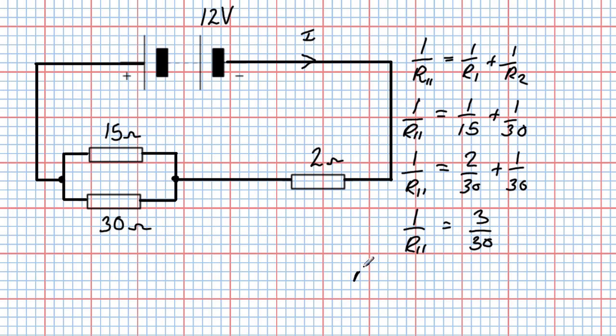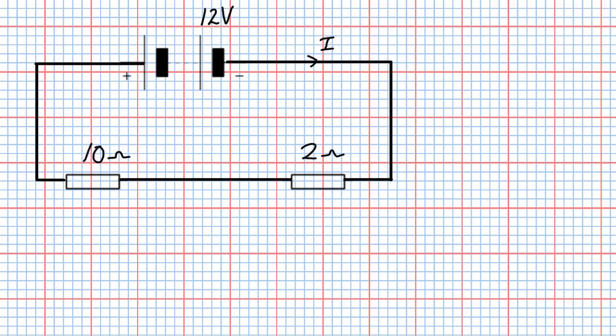And that gives us the parallel part of that circuit is equal to 30 divided by 3, so it must give us a value of 10 ohms. So we can replace that 15 ohm resistor and 30 ohm resistor with a single 10 ohm resistor to make the circuit a little bit simpler.